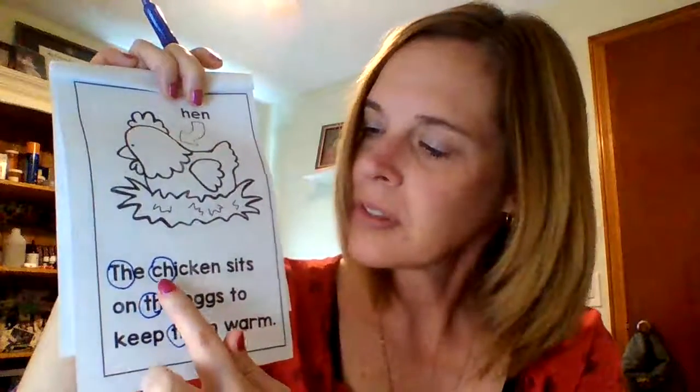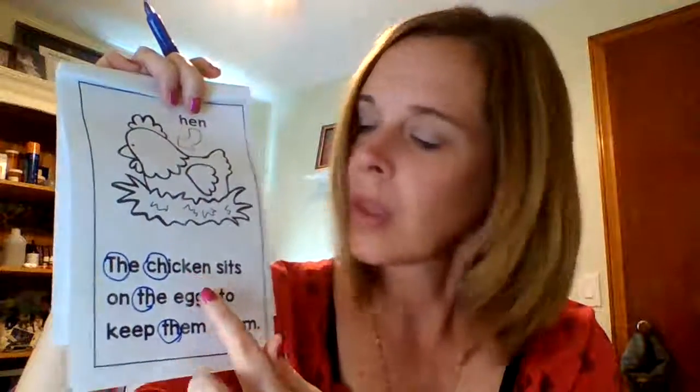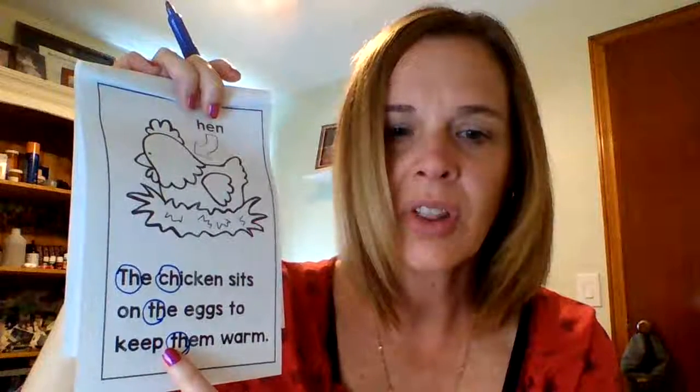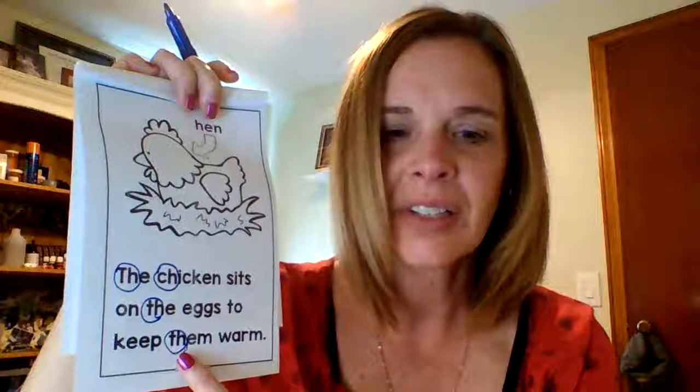I see the TH and the CH in chicken, another TH in the, and way down here the word them. There's the TH. So I want you to continue doing that through the end of the book so that your eyes start noticing those special digraphs, those 2 letters squished together to make a new sound. You're looking for th and ch words.